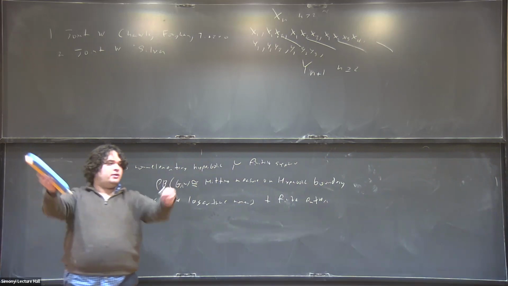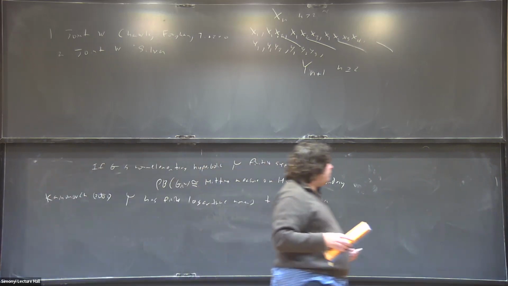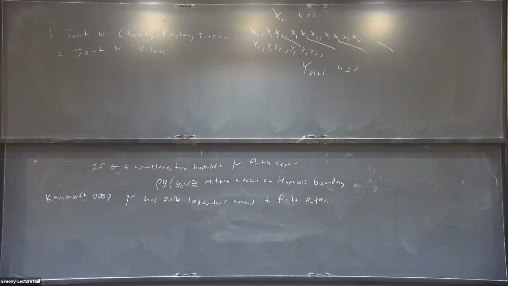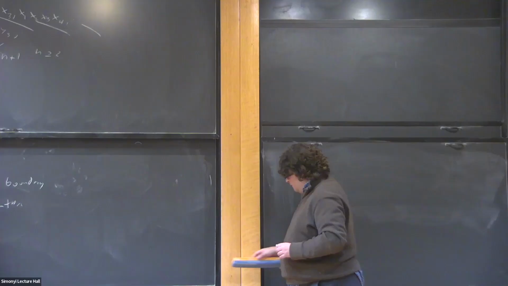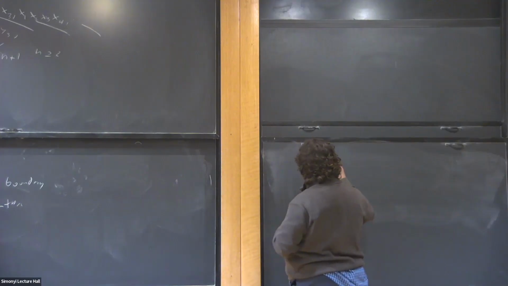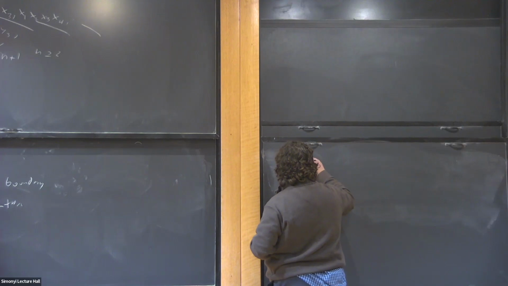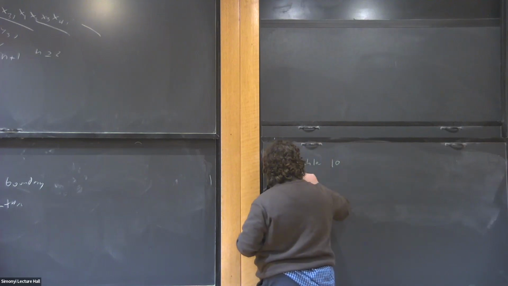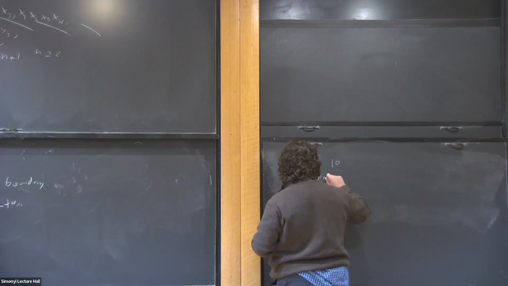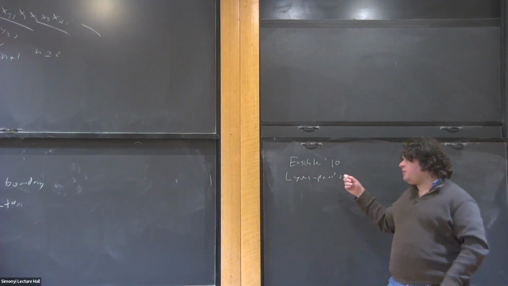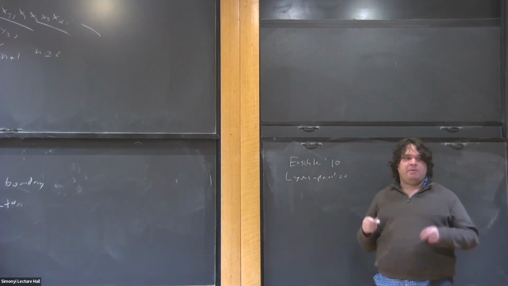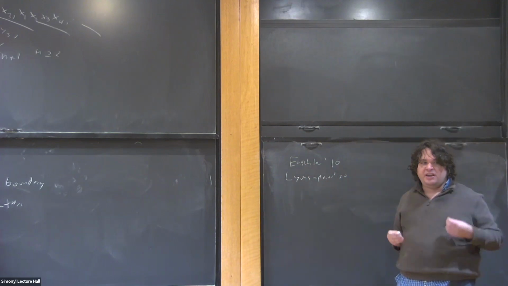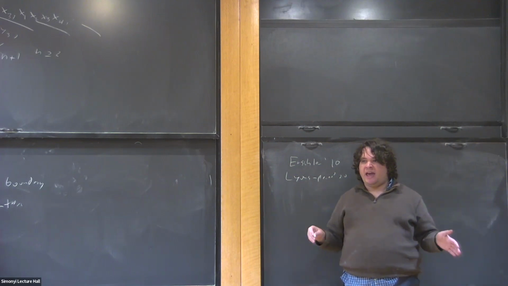Now, what about for the lamplighter group? I'm going to say the result of Lyons-Peres 20, but I want to be very clear that this was preceded by a result of Anna Erschler in 2010, right?